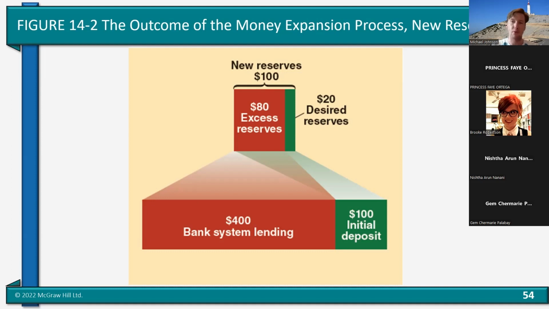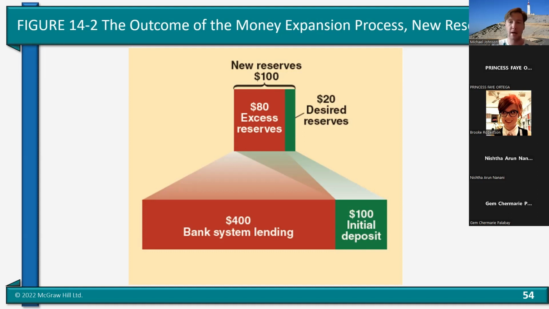So $400 of money is created from a $100 deposit. The money supply increases from 100 to $400 due to lending. So that's how they can create money.